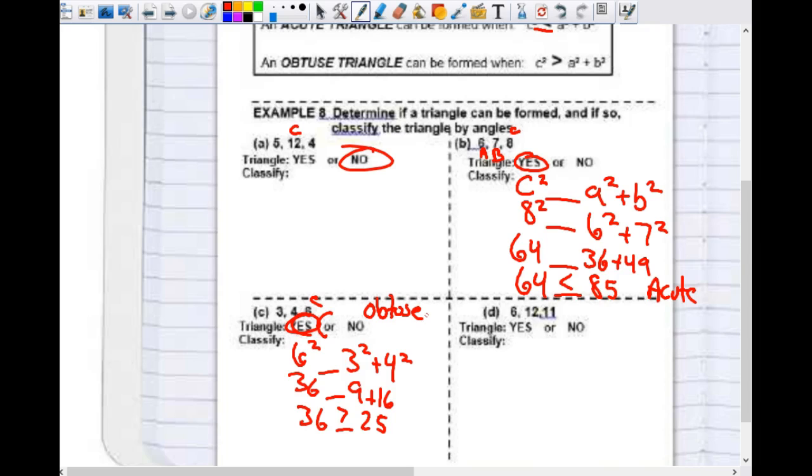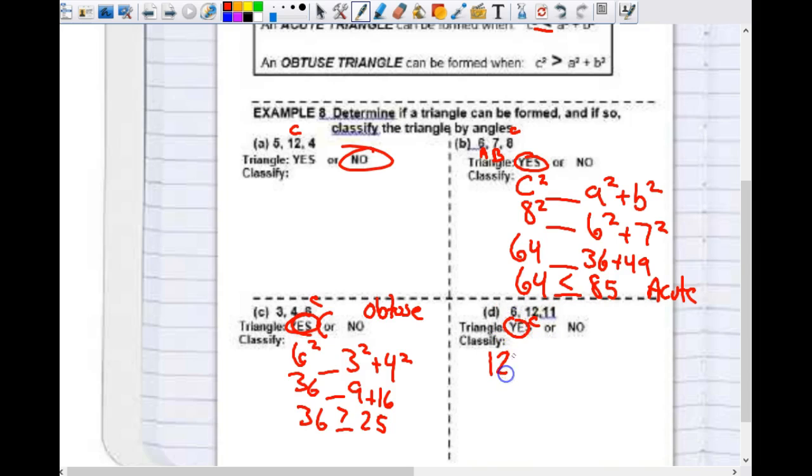First step. What's our biggest side? That's our c. Is 6 plus 11 larger than 12? So we know this is a triangle.